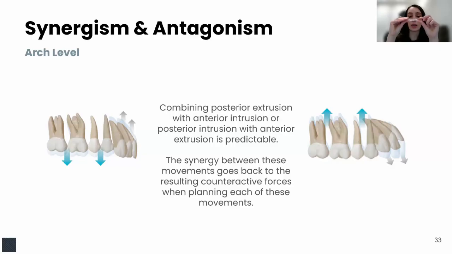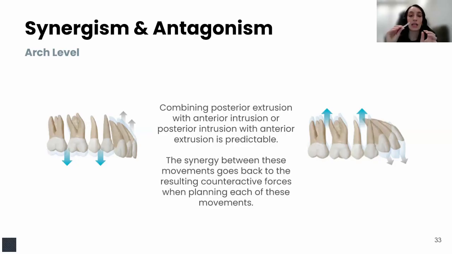If I'm planning the intrusion of the posterior segment, there will be an extrusive counteractive force, so it's also recommended to combine these together. Whenever I want to extrude the posterior segment, it is recommended to plan the intrusion of the anterior segment. But imagine wanting to intrude the posterior segment and simultaneously also intrude the anterior segment. This will definitely not happen, because when I'm intruding, there's a counteractive force causing the extrusion of the anterior segment, and if I also want to intrude it, I will be acting against this force.